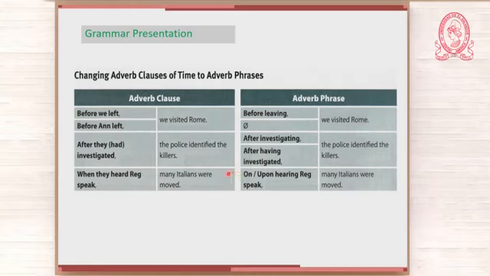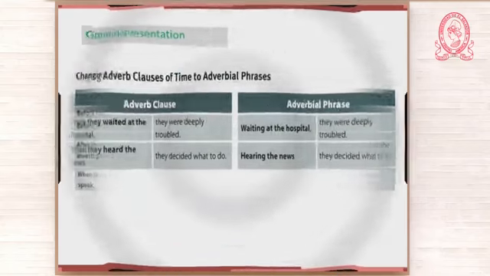We can have on hearing or upon hearing or when hearing Greg speak, comma, many Italians were moved. You omit the subject as usual, and you change the principal verb to the ing form so it becomes a present participle. But there are some other things to see, and here you have it.